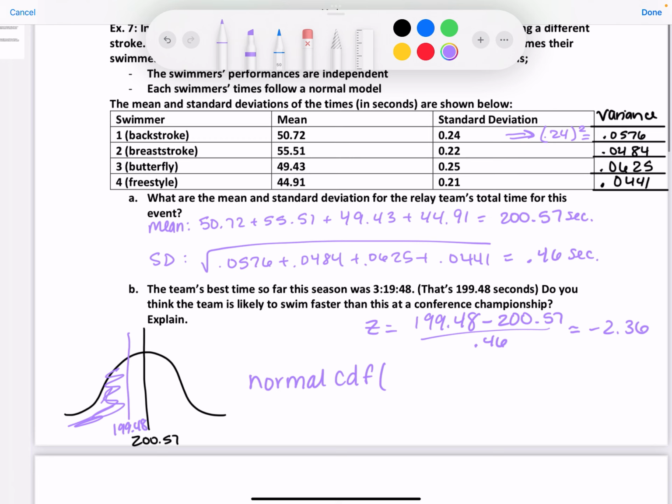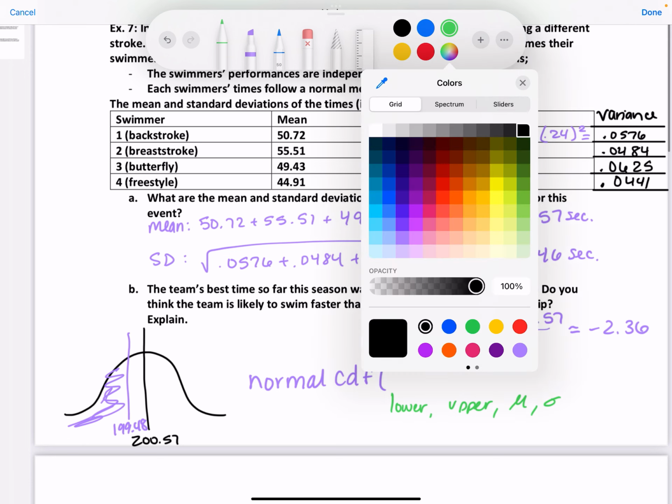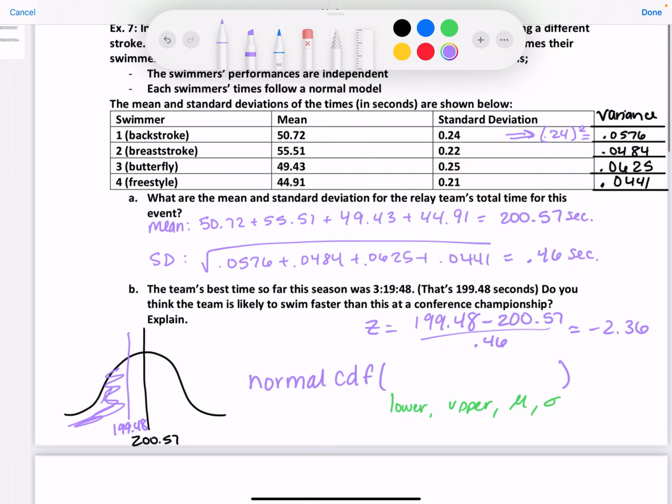So normal CDF of, and it's going to ask you for, that's the one with 3 values. It's 4, yeah. So it's going to ask you for a lower, an upper, a mean, and a standard deviation. For this problem specifically, the calculator's always going to have a lower value, like -1 e to the 99, because you want something way smaller than what you need.